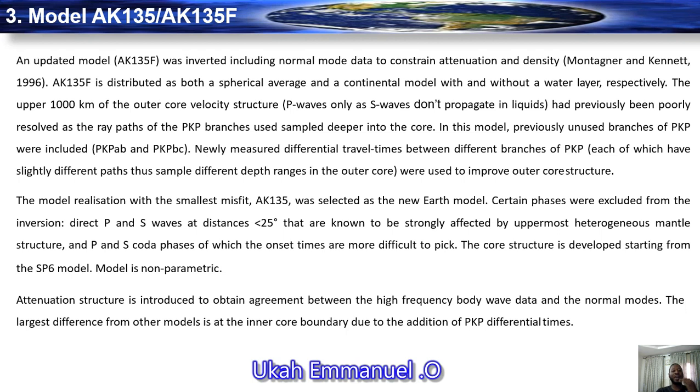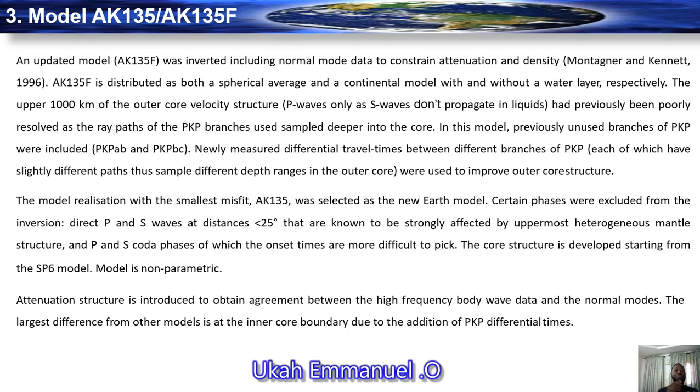Certain phases were excluded from the inversion, which are the direct P wave and S wave at a distance of less than 25 degrees. These were not included because they are known to be strongly affected by the upper mantle.